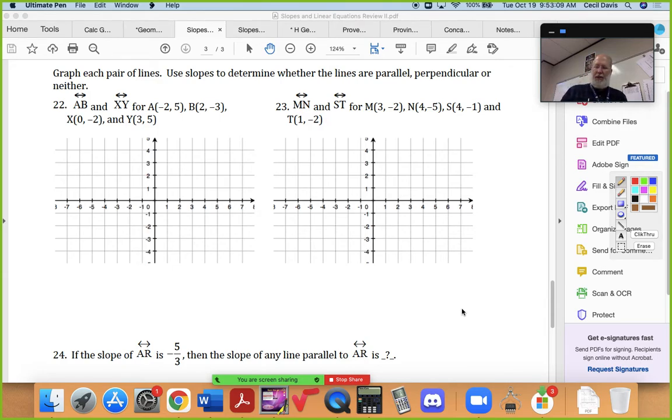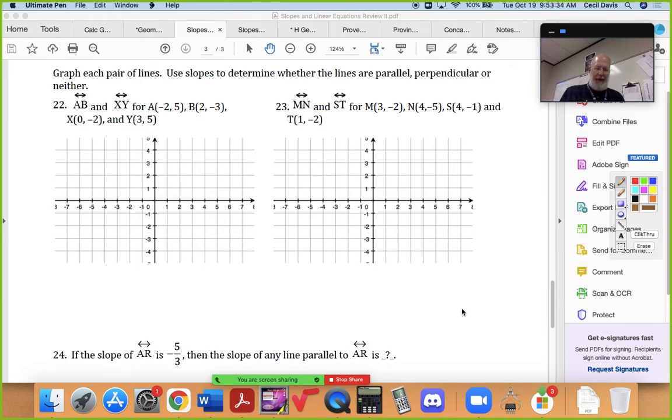For number 22, the slope of AB is -2, and the slope of XY is 7/3, so those are neither parallel nor perpendicular. Number 23, the slope of MN is -3.